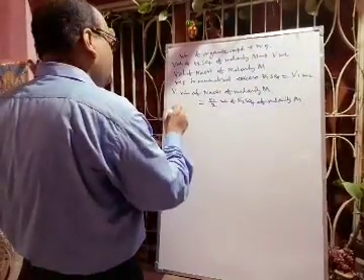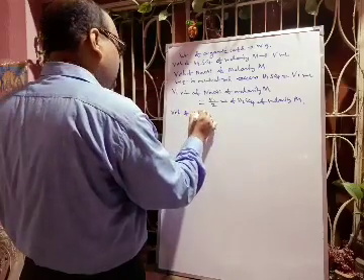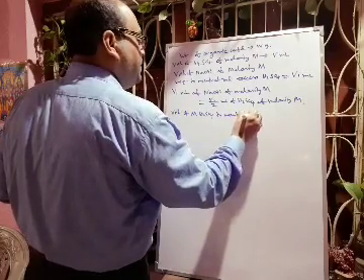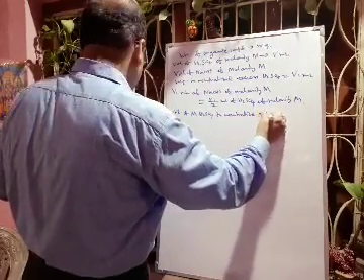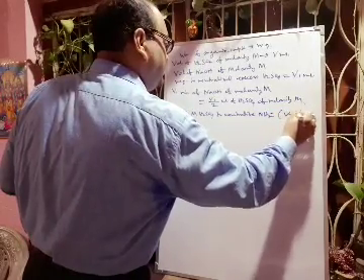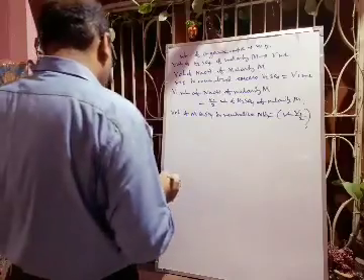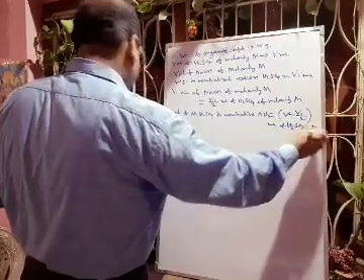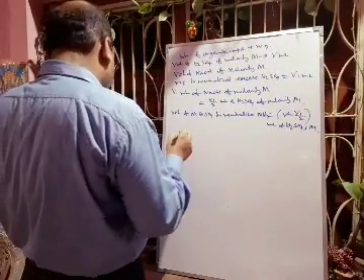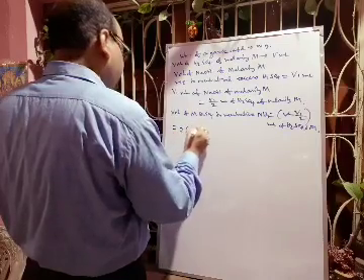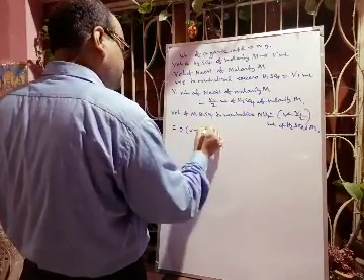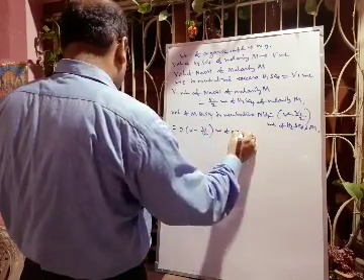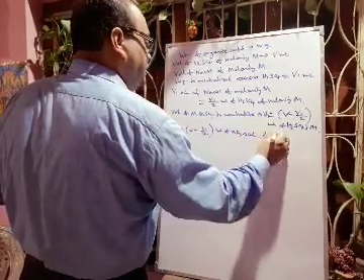Then the volume of M molar H2SO4 to neutralize ammonia will be V minus V1 by 2 mL of H2SO4 of molarity M. So that will be equal to 2 into (V minus V1 by 2) mL of ammonia solution of molarity M.